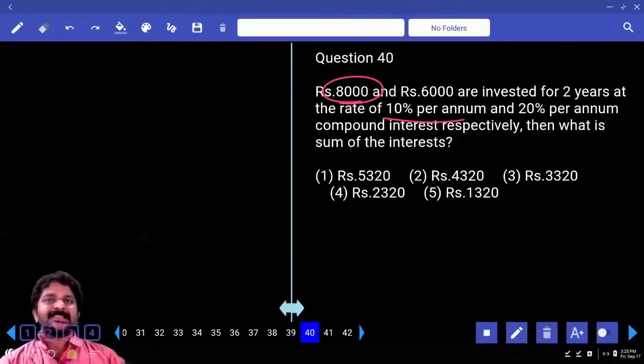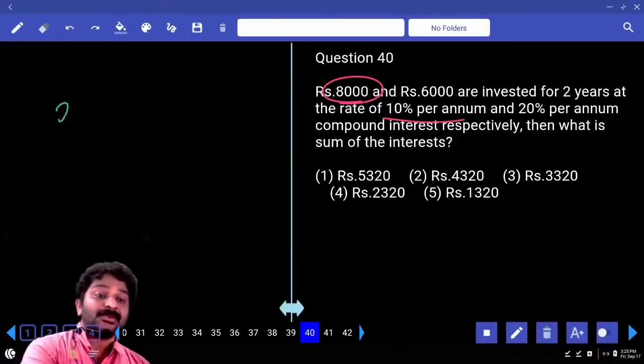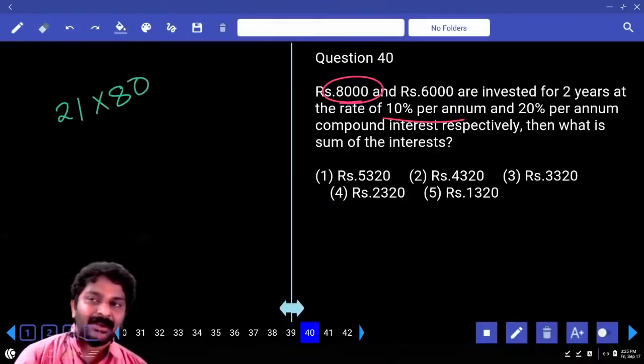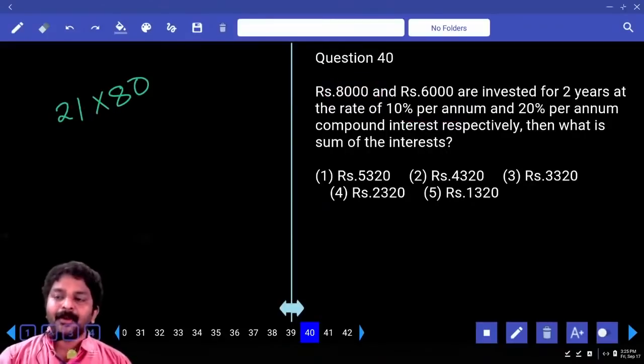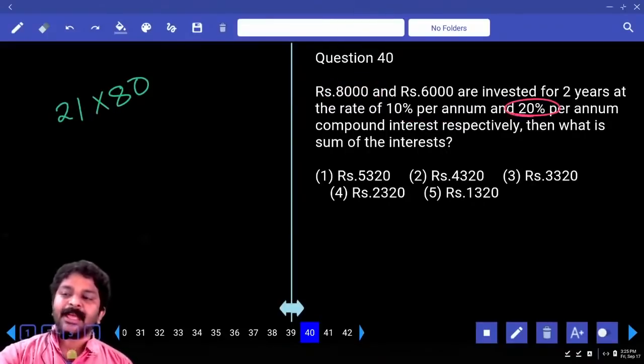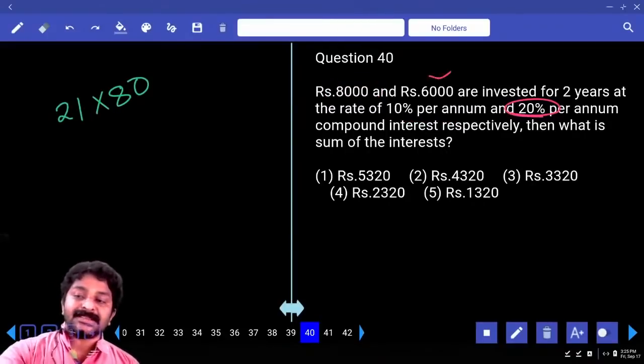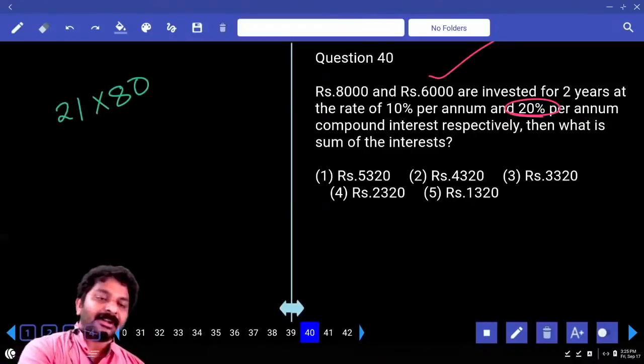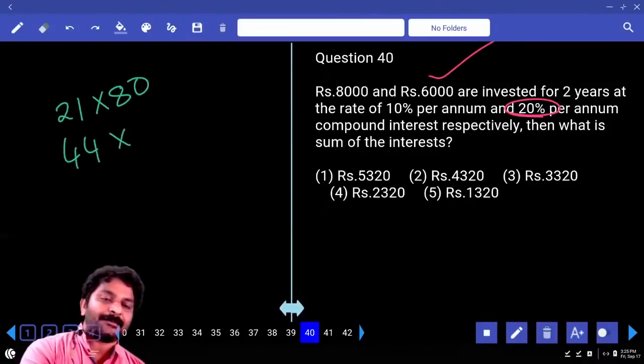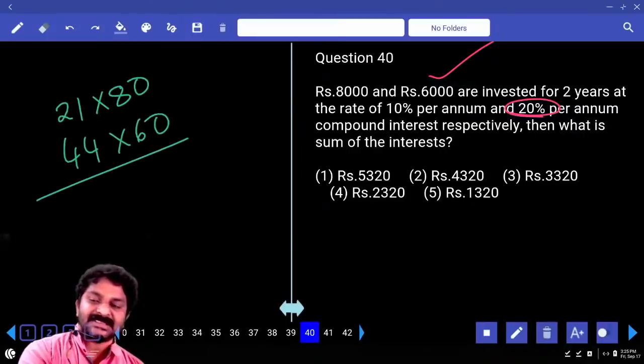Compound interest for 2 years at 10% per annum is 21%. That is 21 into 1% of 8,000, that is 80 only. Next, compound interest for 2 years at 20% per annum is 44%. 44 into 1% value, that is equal to 60.